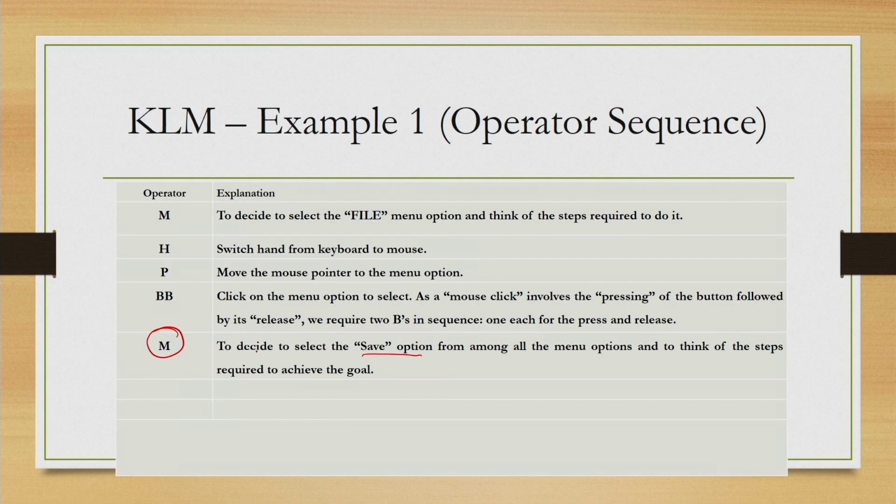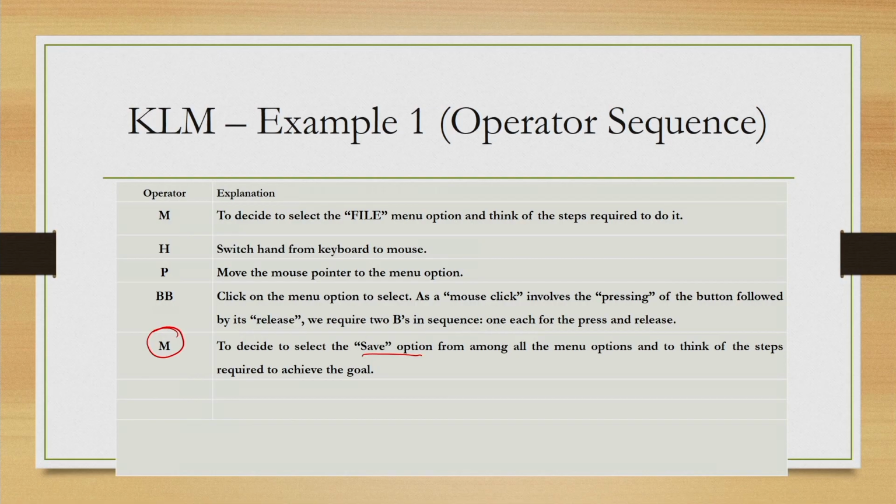So, once we click on the file menu option, we get to see a set of other menu options. Among them there is one save option. So, we need to decide to select the save option from among all the menu options that are displayed. That is something which we need to do in our mind.